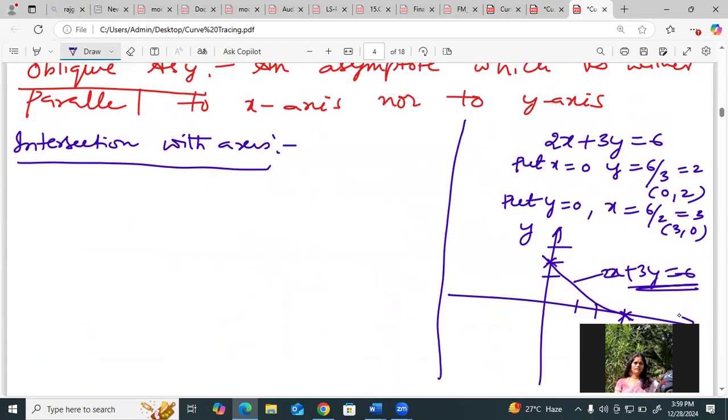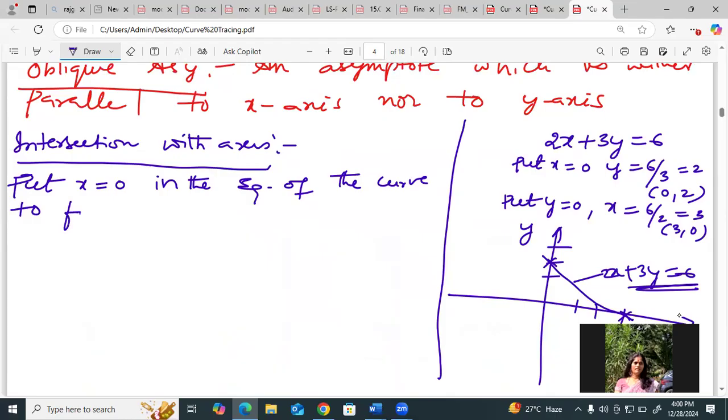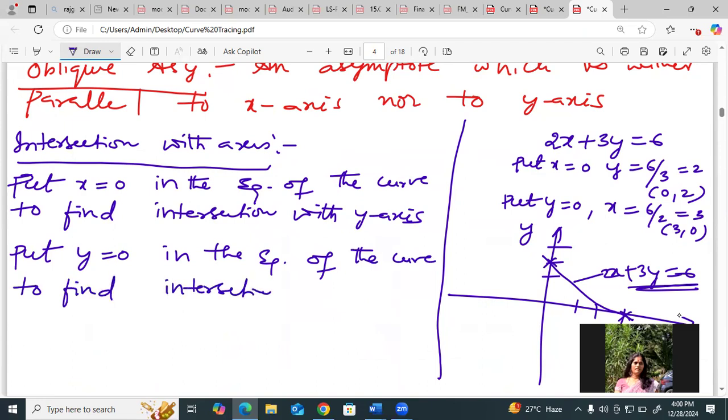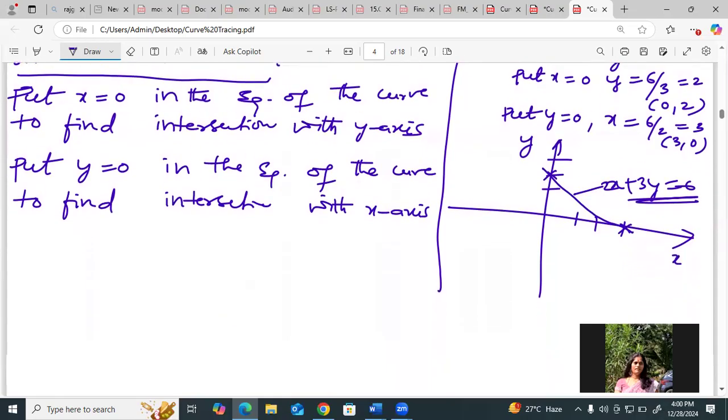To find the intersection with the axes, I put x is equal to 0 in the equation of the curve to find the intersection with the y-axis. Next, put y is equal to 0 in the equation of the curve to find the intersection with the x-axis. Fine.